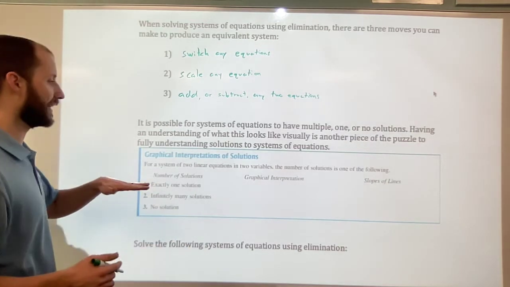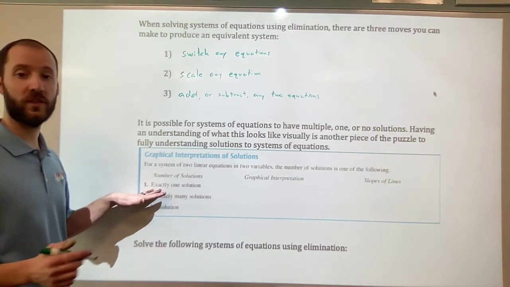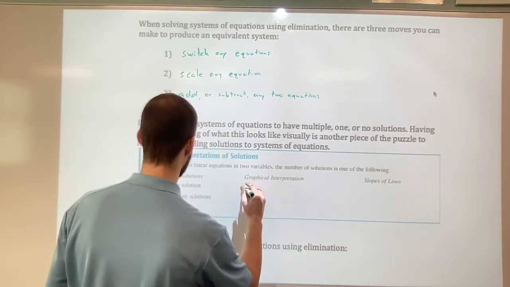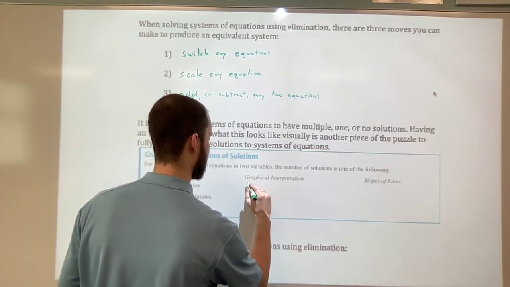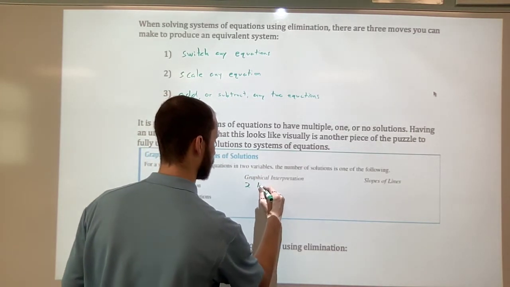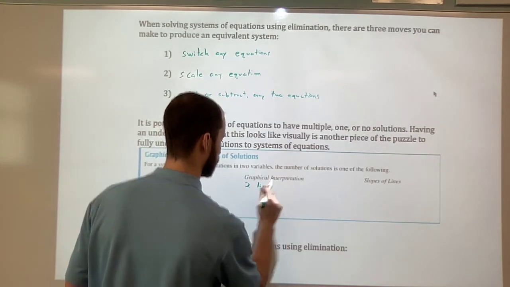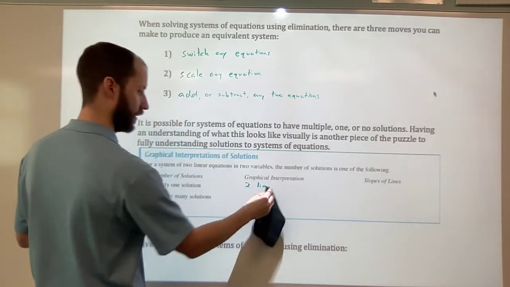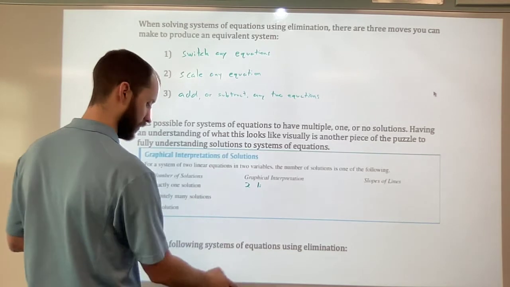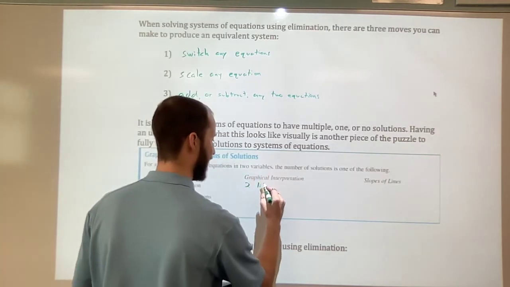Now when you solve these, there are 3 cases for your solutions. You get exactly 1 solution. So that means that 2 lines are intersecting. Lines, nope. 1 letter later, lines.